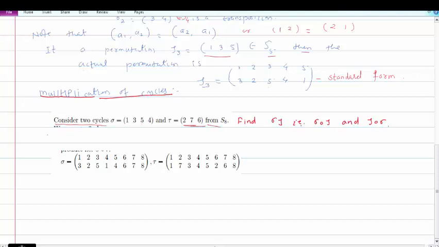But given that these two are in S8, the remaining symbols are left fixed, for example 6 goes to 6, 7 goes to 7 and 8 goes to 8 in standard form. Find στ, that is σ circle τ, and τ circle σ, that is τσ.